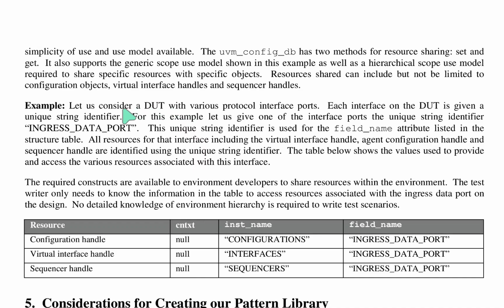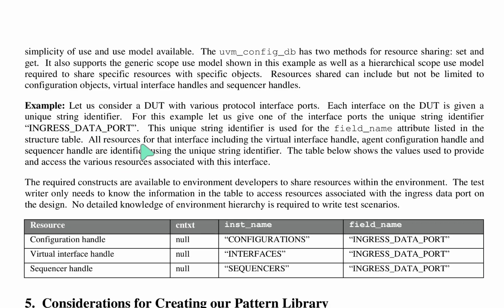The example: let us consider a DUT with various protocol interface ports. Each interface on the DUT is given a unique string identifier. For this example, let us give one of the interface ports the unique string identifier ingress data for port. This unique string identifier is used as the field name attribute listed in the structure table.